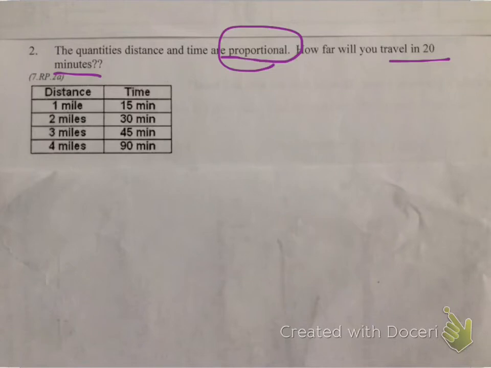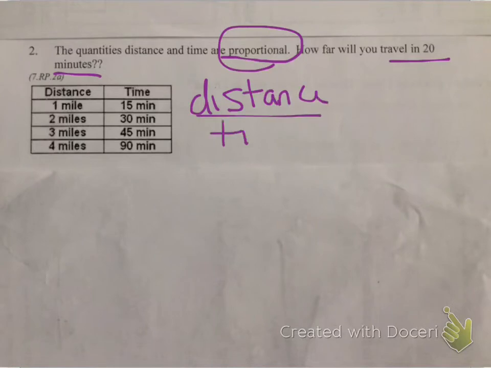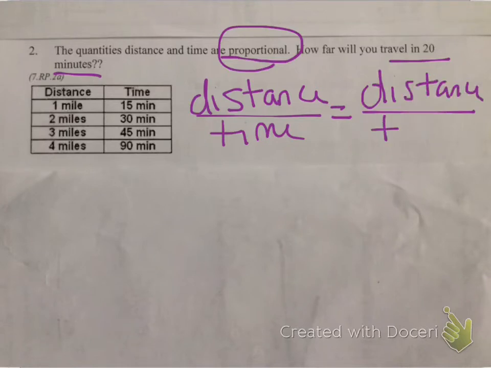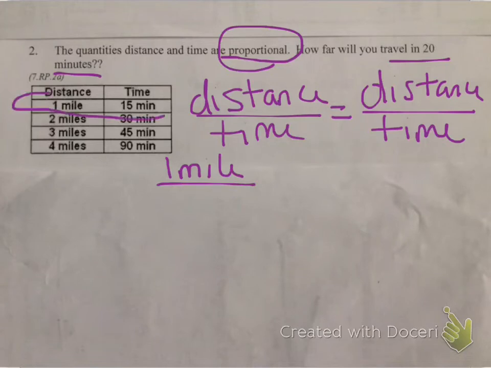I'm going to set this up as distance over time equals distance over time. So I have 1 mile. I'm going to use this one right here. I like to use the smaller numbers.